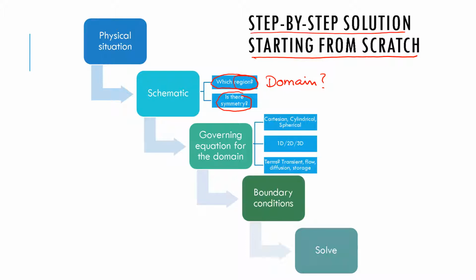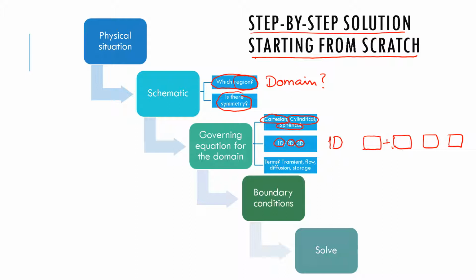Then for governing equation, there are a number of things to consider. First, what geometry most closely approximates the situation, Cartesian, cylindrical, or spherical? Then is it going to be a 1D, 2D, or 3D problem? Everything we did has been 1D. Then for the 1D, when we have the governing equation, it has four terms.